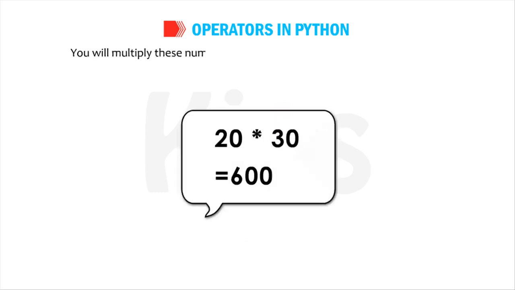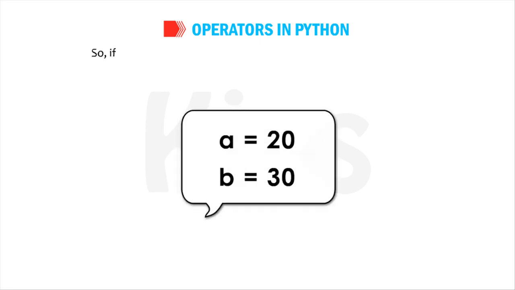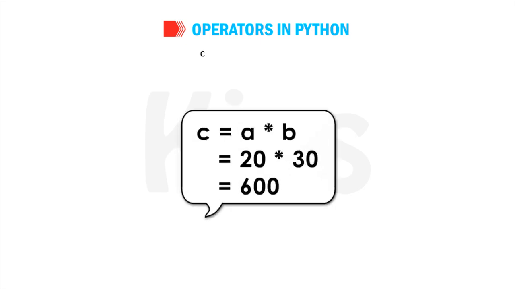You will multiply these numbers, that is 20 into 30, and you will get the result 600. So, if A equals 20 and B equals 30, then the product will be calculated as follows: C equals A into B equals 20 into 30 equals 600.